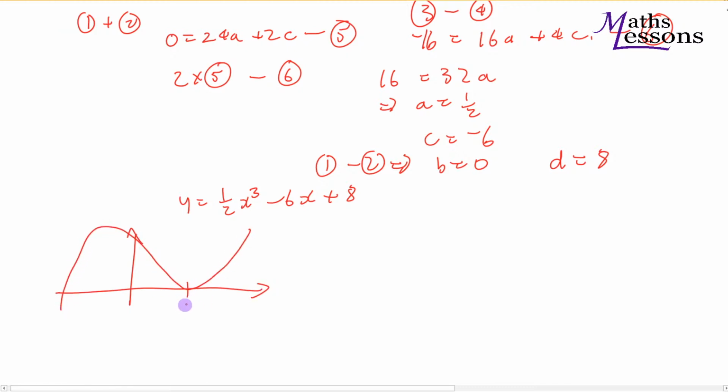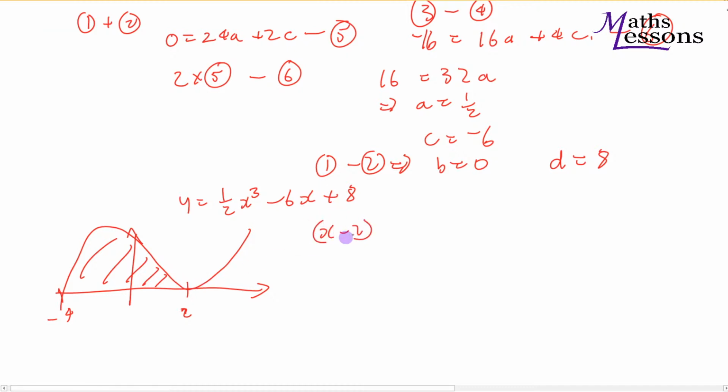You'll see that it touches at 2, and it crosses at minus 4. So those are going to be our limits, and that's going to be our area. If it says show detailed reasoning, you can factorize this out. You can look for factors, and you can use your graphical calculator to help you cheat a little bit. Because if it touches at 2, then you know that x minus 2 squared is a factor.